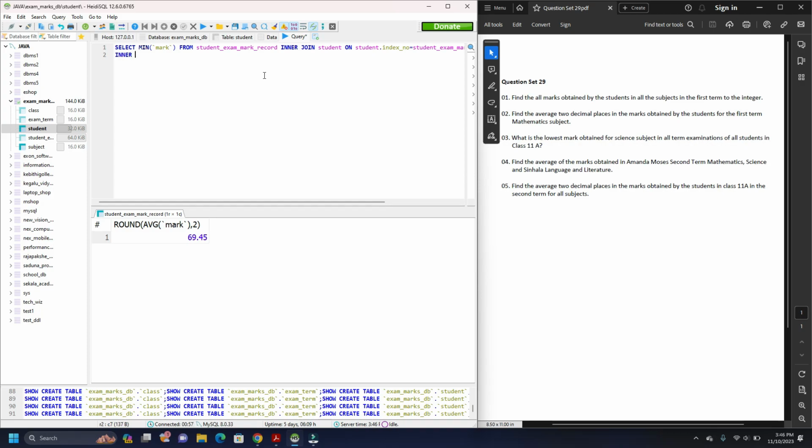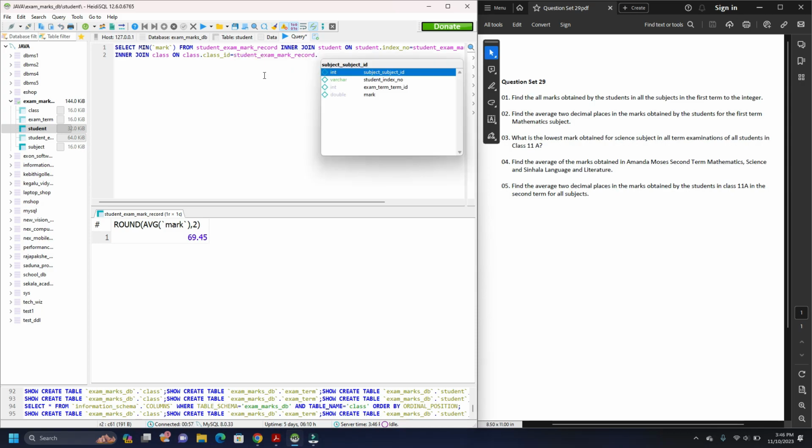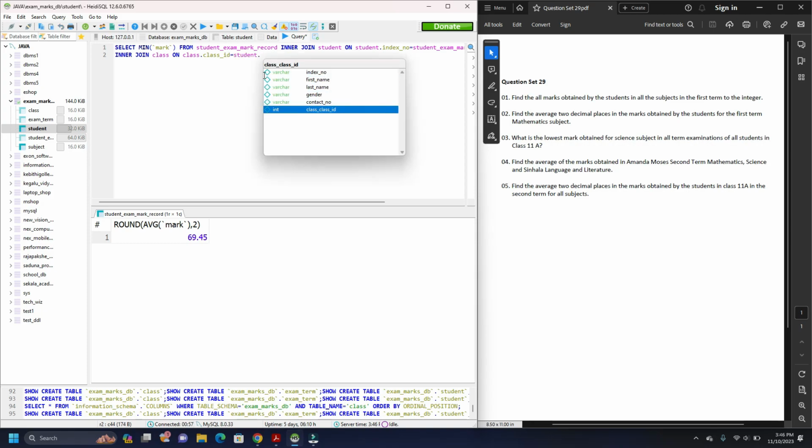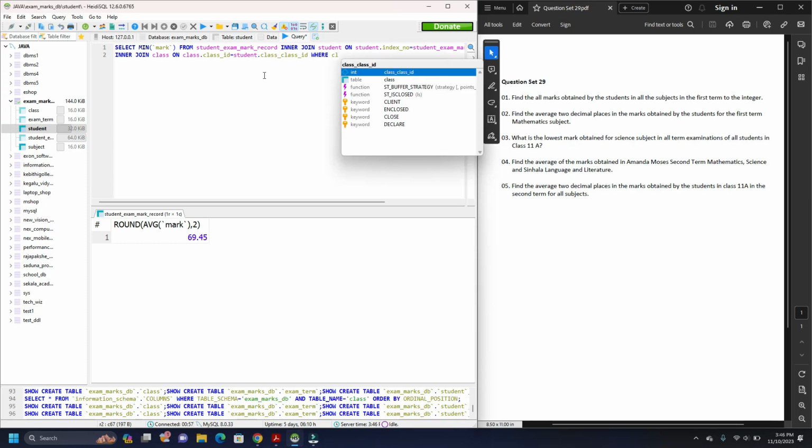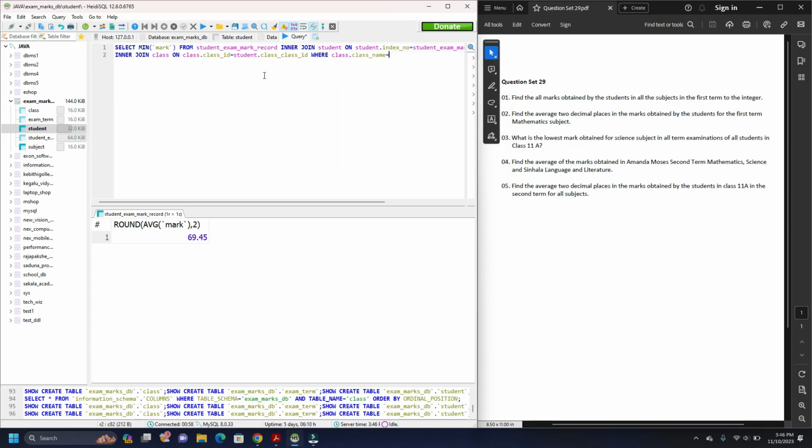And inner joining those tables is the class table on class dot class id equals student dot class id, and then we write the condition where class name equals 11A, and this is the query for the third question.